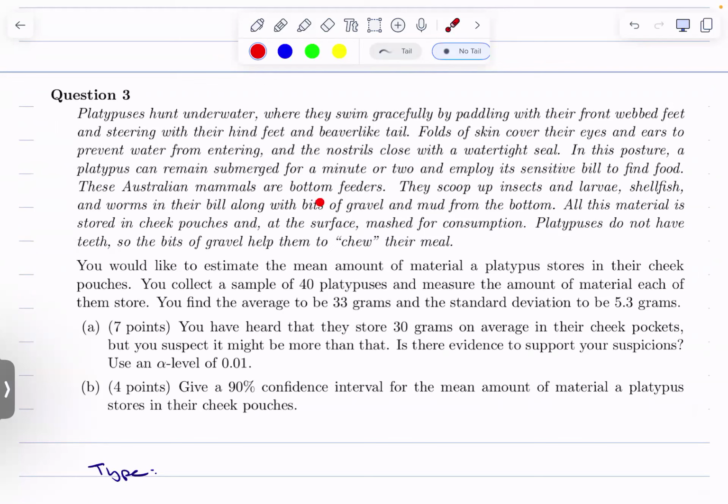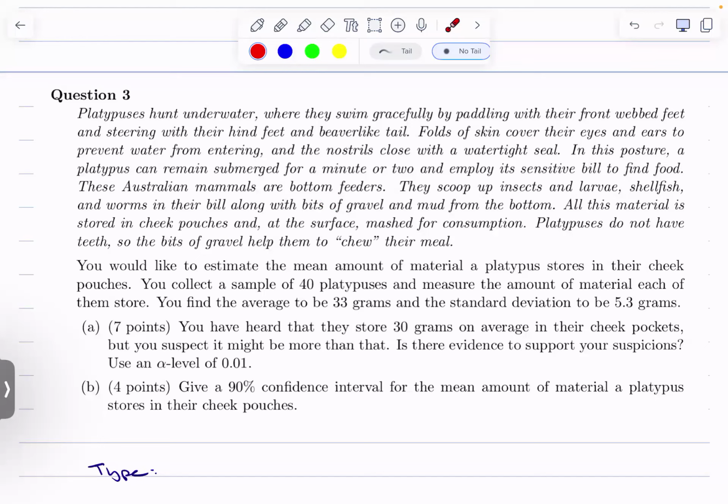I'll kind of skip in as a platypus fun fact. They're bottom feeders, and what they do is scoop stuff up from the bottom of the body of water, including dirt, because they don't have teeth, and so they use gravel to chew their food.